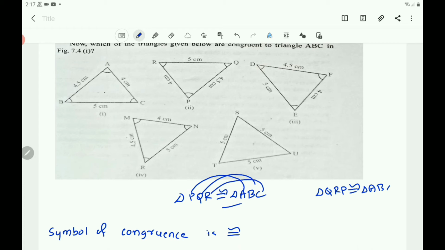Here Q does not correspond to A, so this becomes wrong. The corresponding parts must be in order.